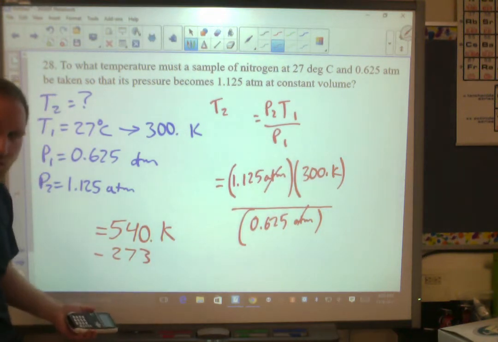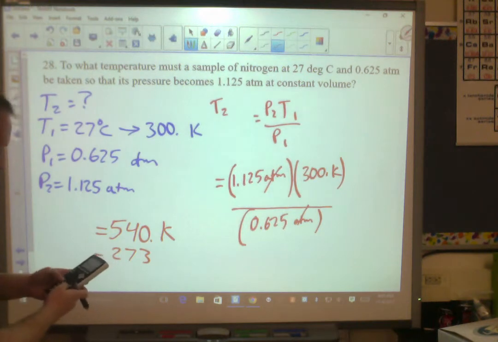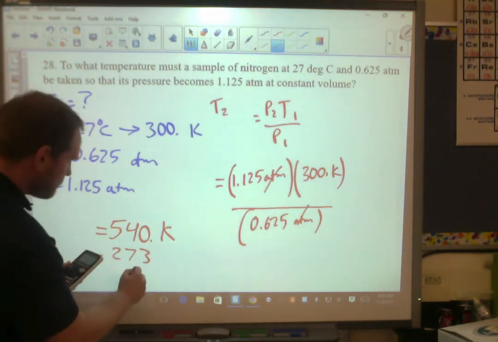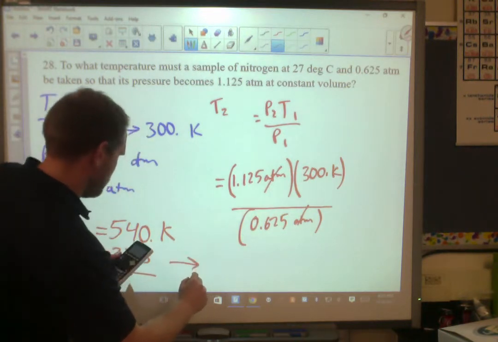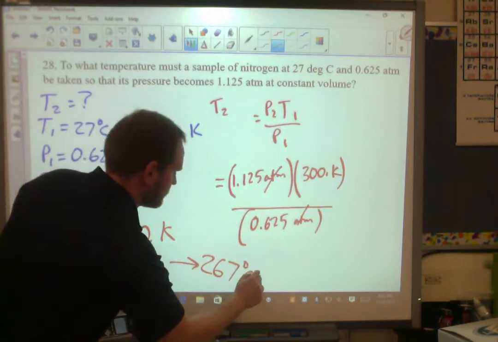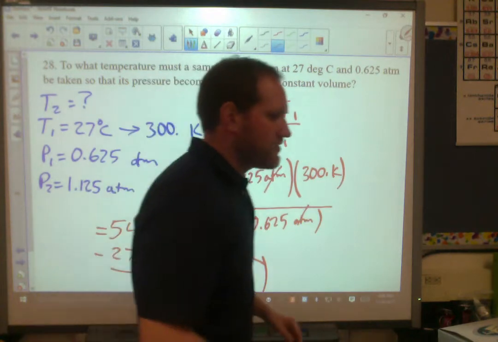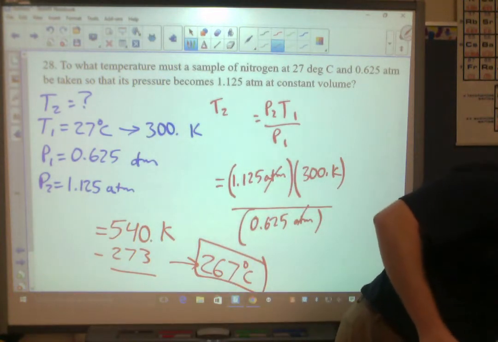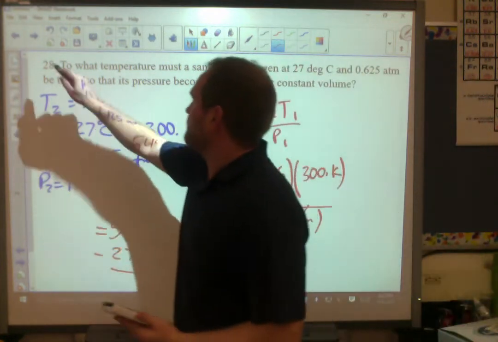I don't even need to do the 0.15 because it's going to get canceled anyway. 540 minus 273 gives me 267 degrees Celsius. Okay, so that's number 28. Good. 29.